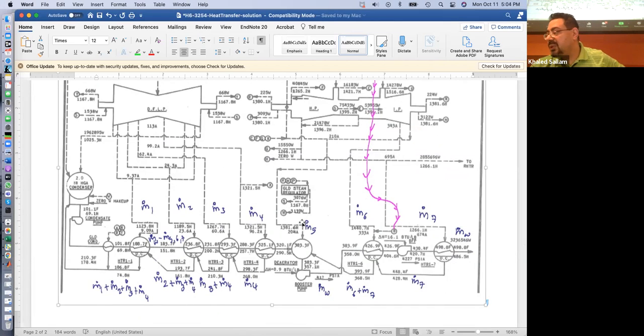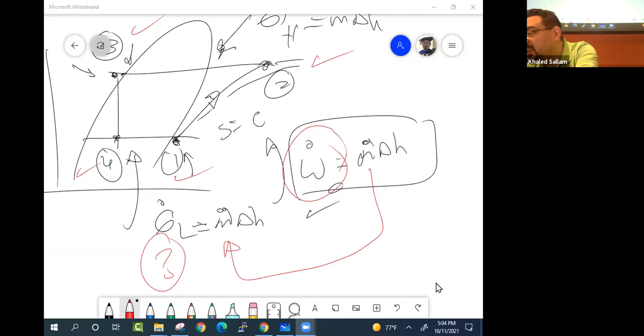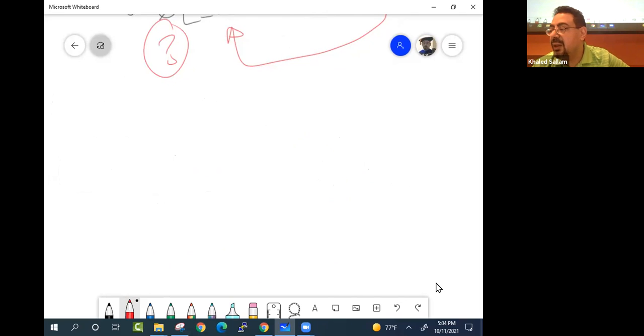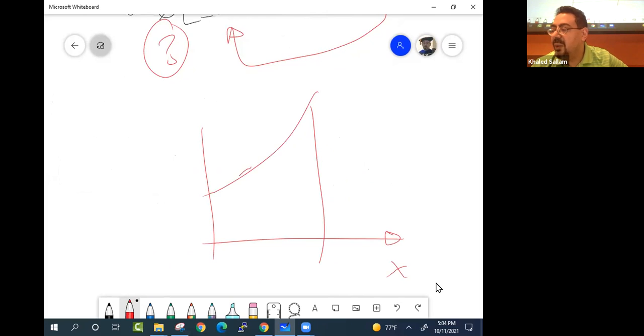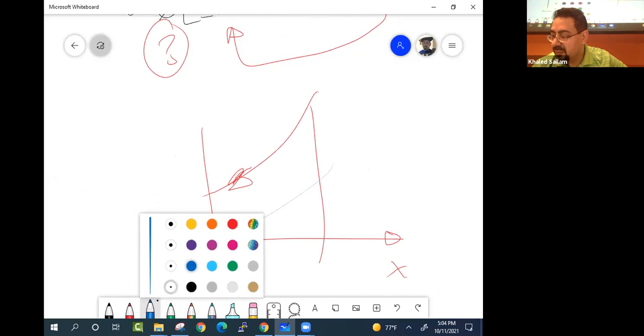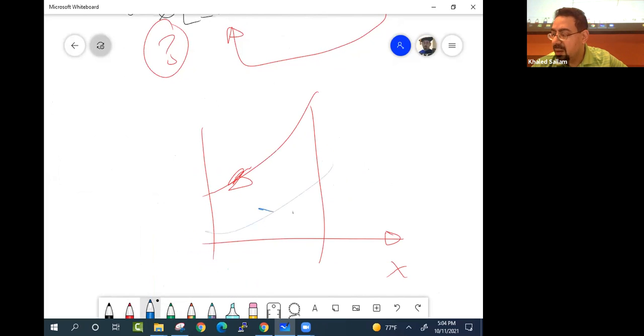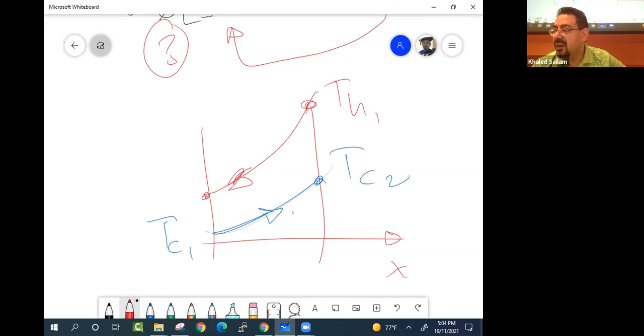Okay, so before we solve the homework, let's remember what we did last week. We said heat exchangers are basically a place where a hot fluid gets cooled by a cold fluid. The cold fluid enters at TC in, gets hot and leaves at TC out, while the hot fluid is cooled from TH in to TH out.